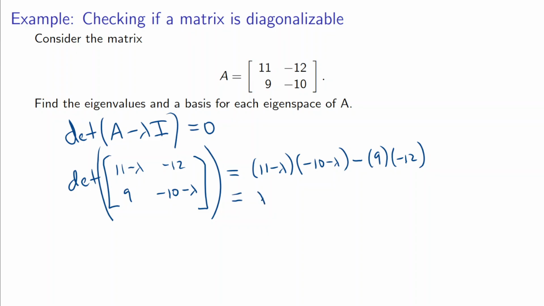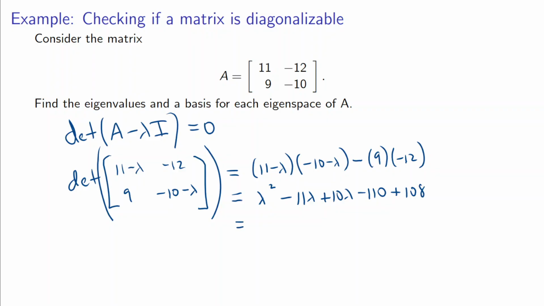We'll get 11, lambda squared, and then minus 11 lambda, and a plus 10 lambda, and a minus 110, and then this will be a plus 108.